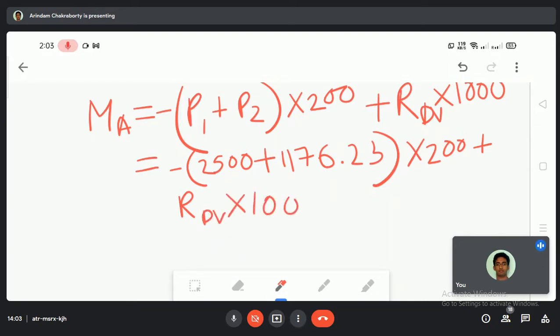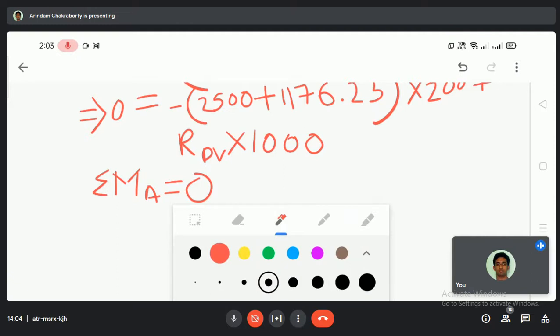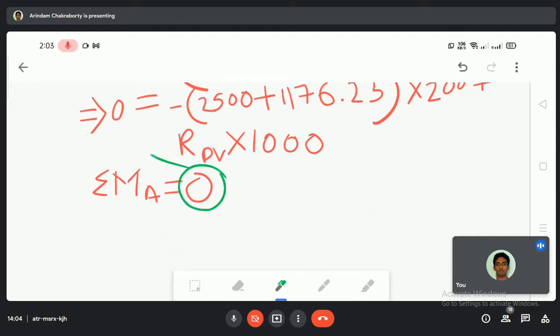Now it equals 0. Why is it 0? Because according to equilibrium we can assume that the moment at point A is equal to 0. That's why I can write 0.